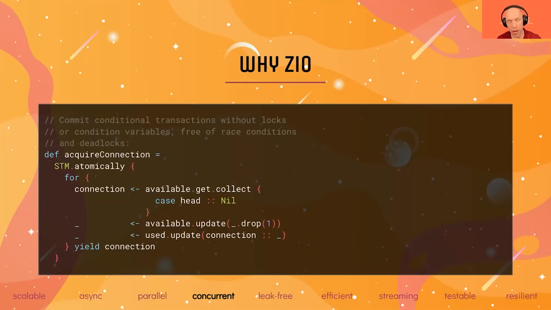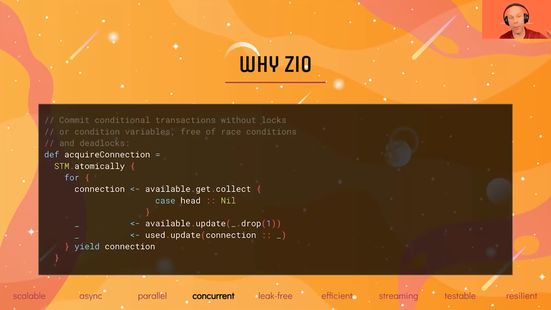So in this case here, we look for a connection that's available. We're building a little sort of acquire a connection from a pool. We actually just look until that connection is available, and then when it's available, we take it off the available list and we add it to the used list, and then we commit that atomically.